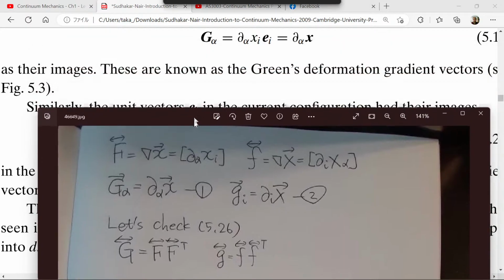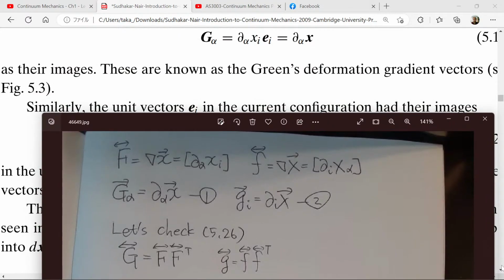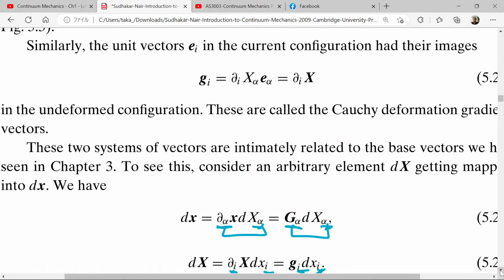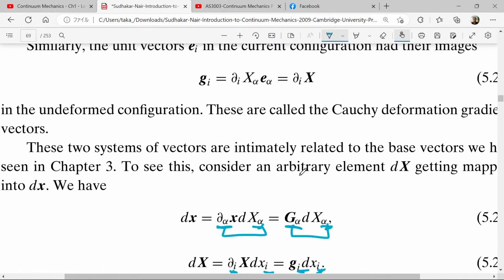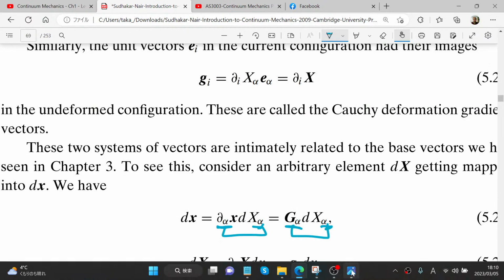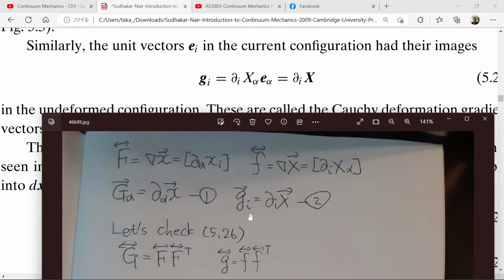Okay, then we go to small g. Small g is this, right? Small g is also a vector. Then it's partial i of large X, and large X is a vector. g i is also a vector. So I copied it correctly.